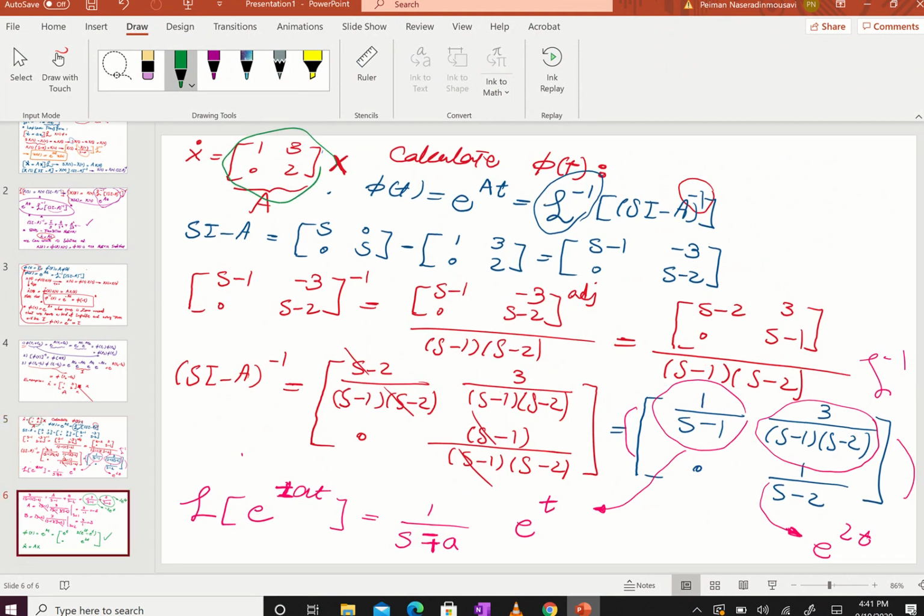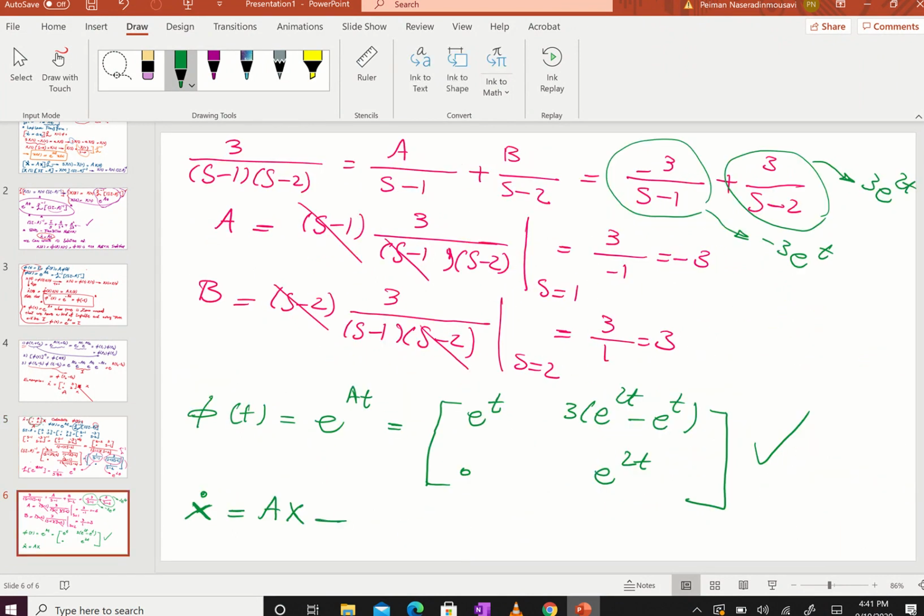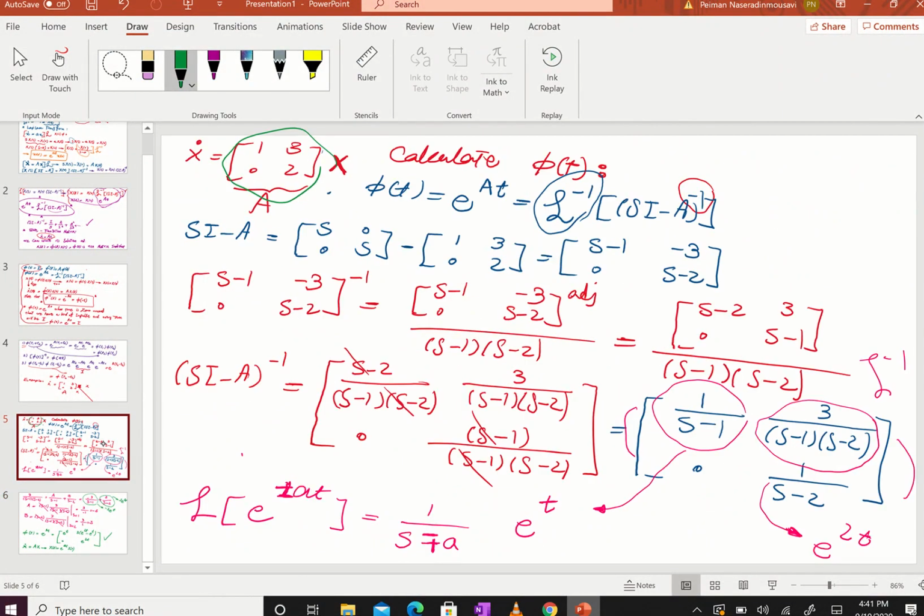So we know we calculated that the solution of this, x of t, is going to be e^(At) times x at time 0. Now I'm telling you this system can be the equation of motion of a mass, spring and damper. If you passed the vibration course, obviously you know this.